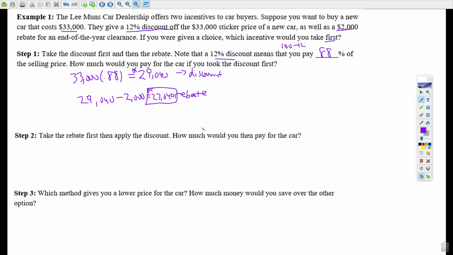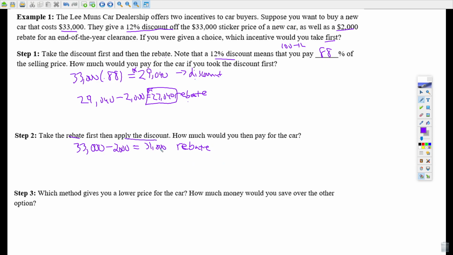Now we're going to see what happens if we do the opposite. So we're going to take the rebate first. So we're going to take the $33,000 and we're going to subtract the $2,000, right? This is our rebate. That would give us $31,000.